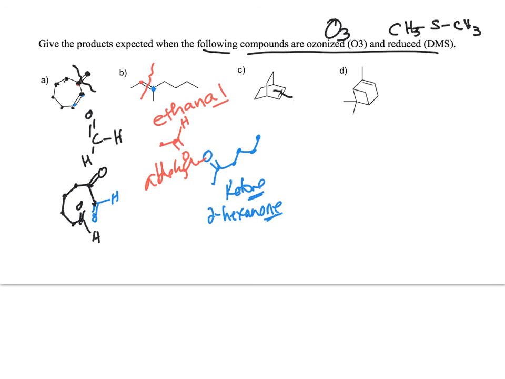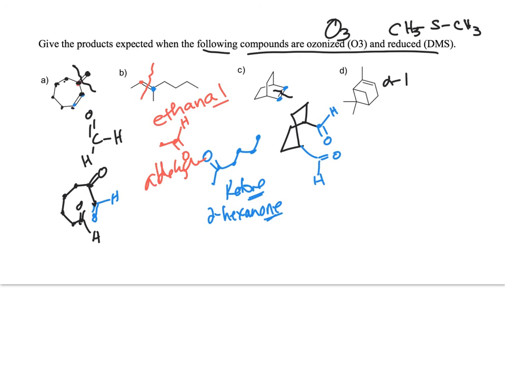Okay, so we're going to cleave this bond here. This carbon will be an aldehyde, and this carbon will be an aldehyde. So we redraw the structure, a bicyclo structure, and this carbon is an aldehyde, and this carbon is an aldehyde.